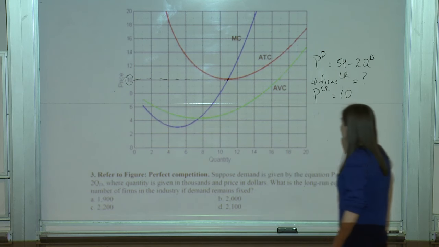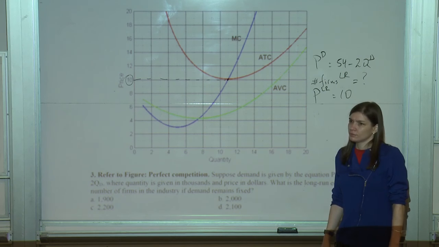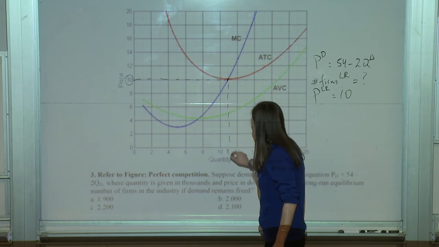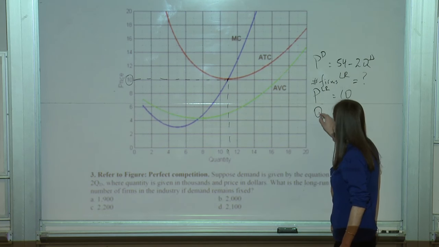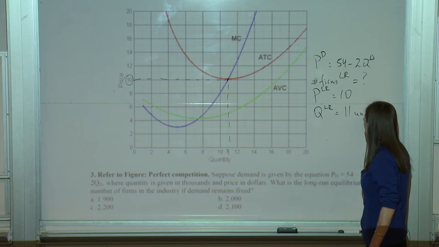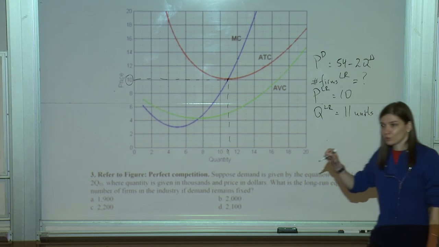All right, at that price, how many units is each firm producing? 11. Right? So I know that each firm individually, in the long run, is going to produce 11 units. Now I know the price. I know what each firm would do.